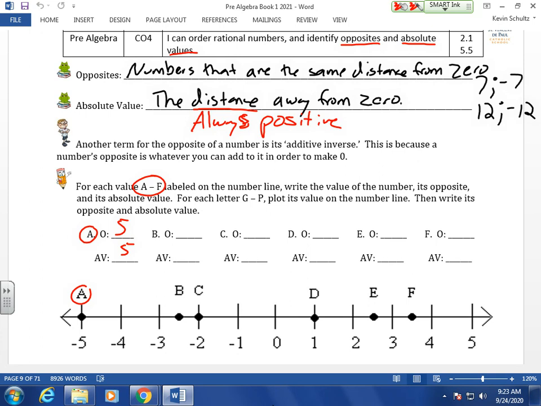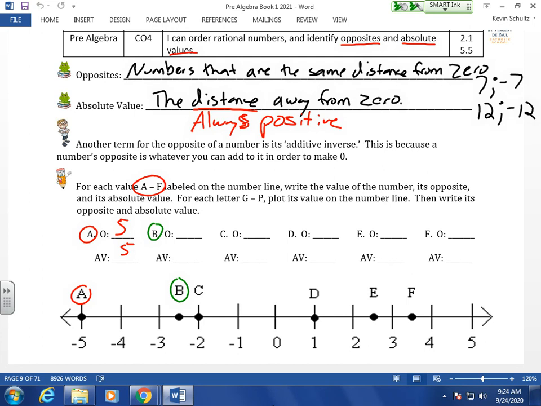All right. Let's look at point B. Point B is right here. What's the value of point B, Connor? Negative 2.5. It's halfway between negative 2 and negative 3, so negative 2.5. And what is the opposite of negative 2.5? What number is the same distance from 0 as negative 2.5?